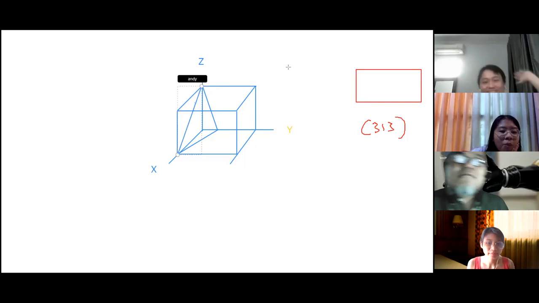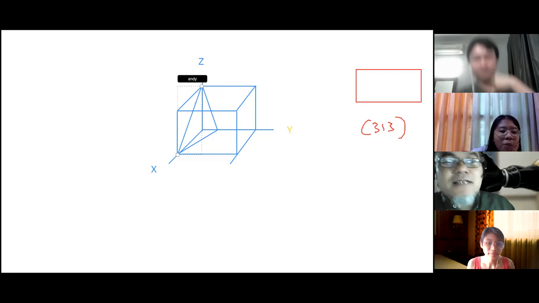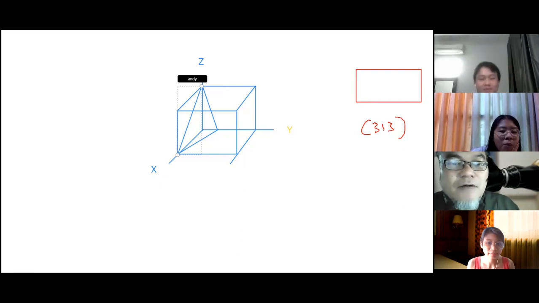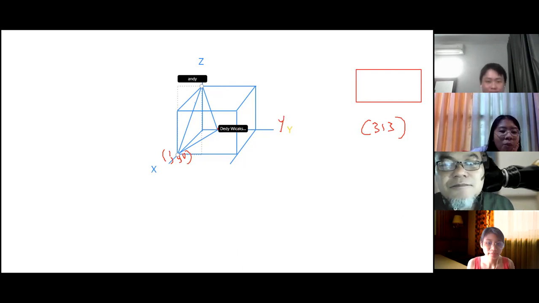Let's check. So let's now go in the reverse direction. Your plane intercepts the x-axis at coordinate 1, which is 1, 0, 0. And it intercepts the y-axis at this coordinate, which is 1/3.